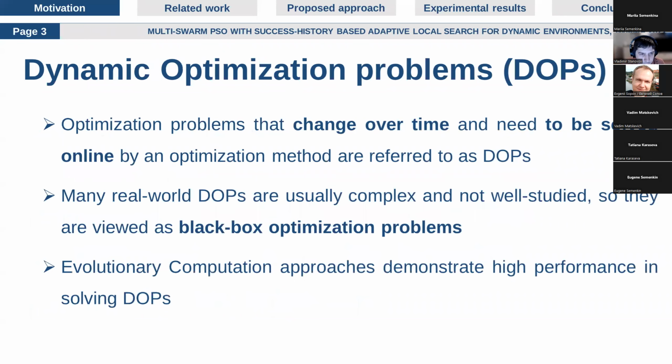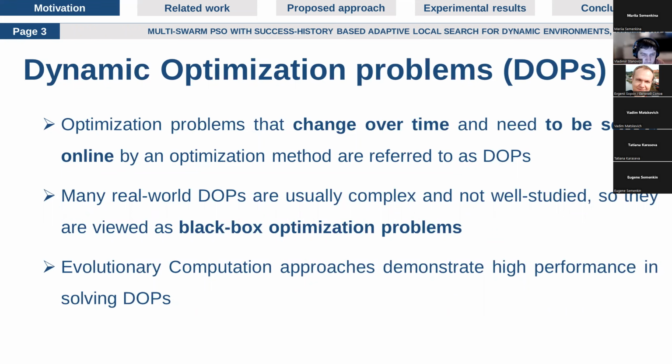So first of all, let's talk about the dynamic optimization problems. So what are they? In many cases, we usually consider that our optimization problem is static. So we have our f of x, some function that we should optimize. We should find the minimum or the maximum of this function, and that's it.